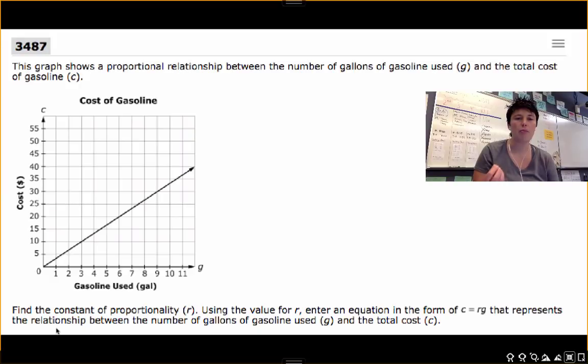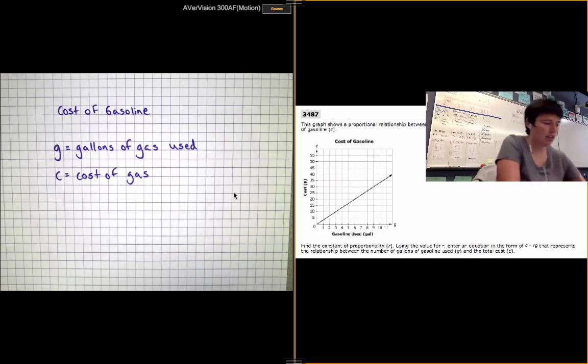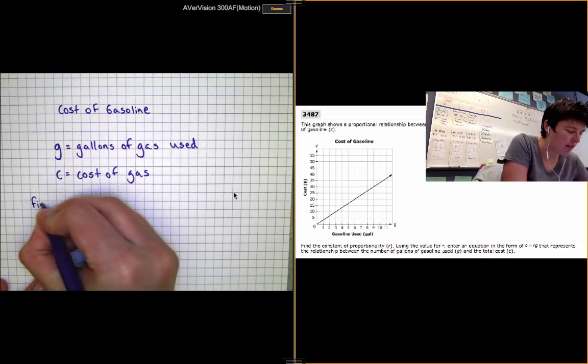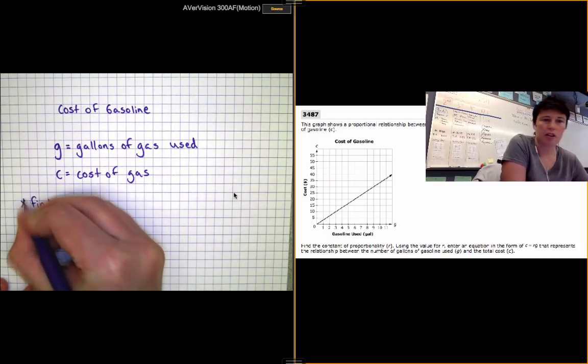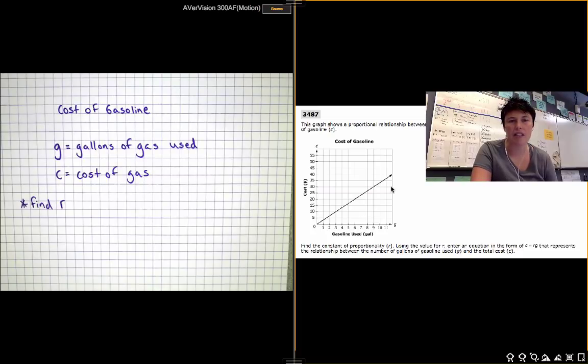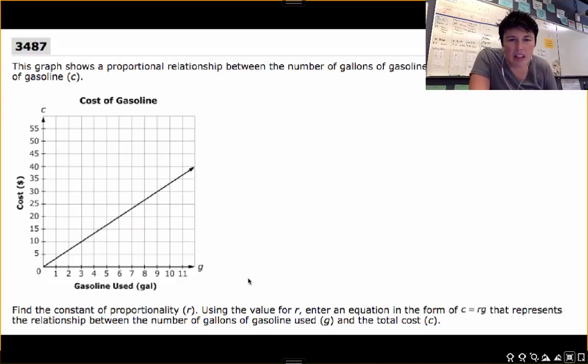Find the constant of proportionality, R. Okay, so they want us to find R. This is one thing I'm supposed to do. I'm just writing down things that I think are important. And then using the value of R, enter an equation in the form C equals RG.